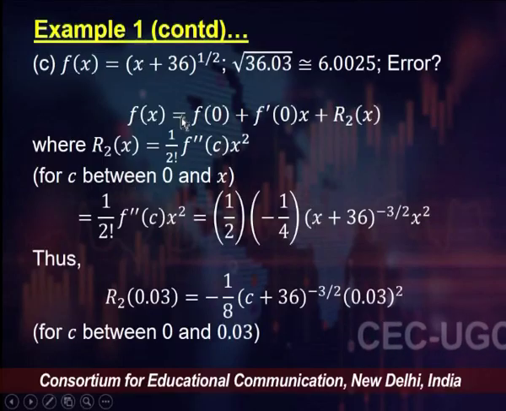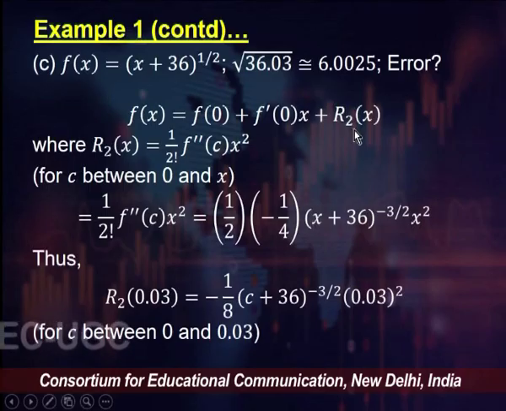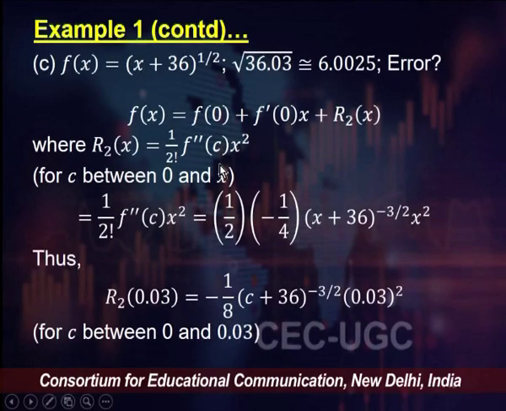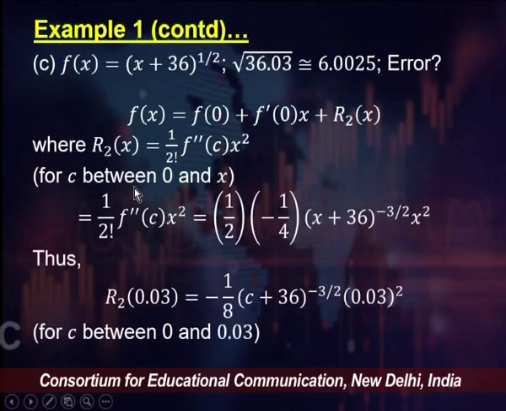So, let us look at the error that we have made, and let us calculate the Lagrange's form of the remainder here. The remainder is given by 1 by 2 factorial, the second derivative at c times x squared for c between 0 and x. Here x would be 0.03.